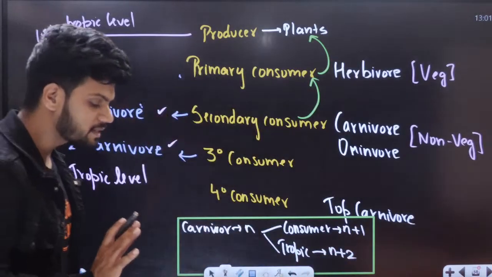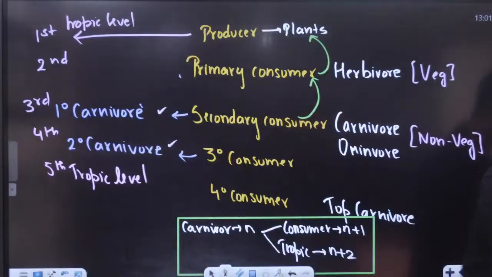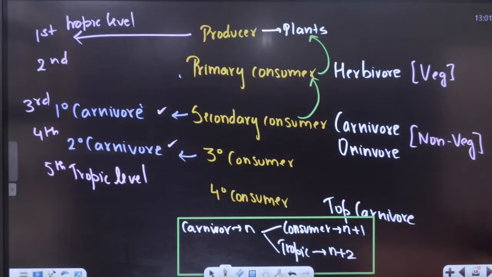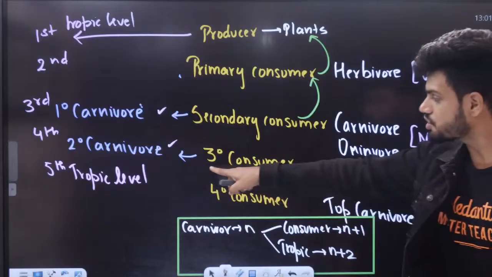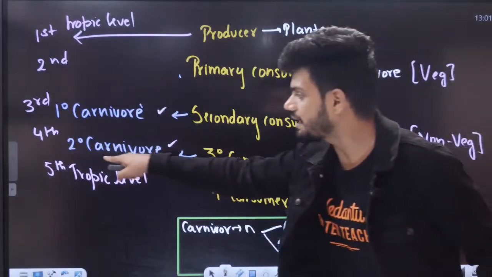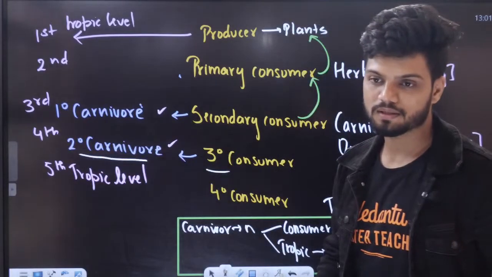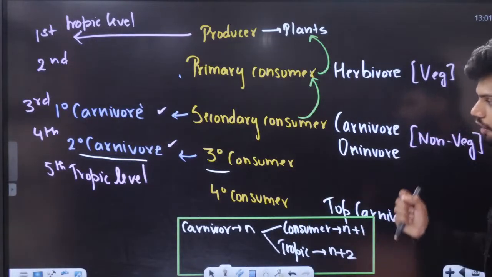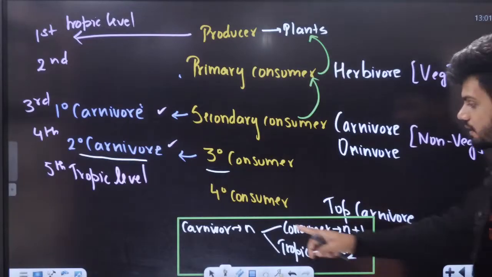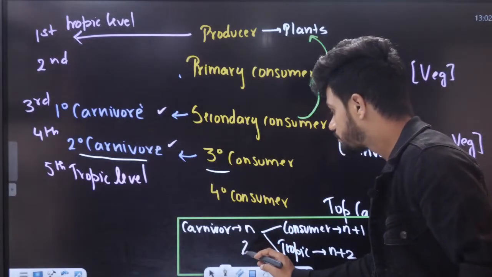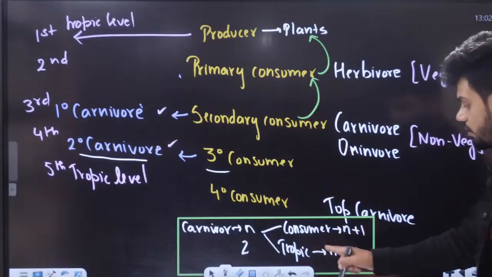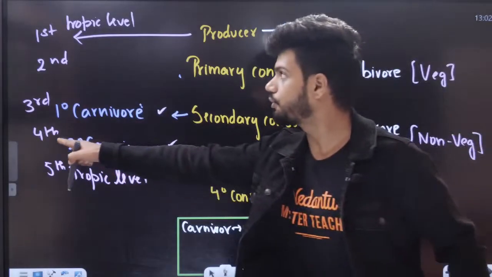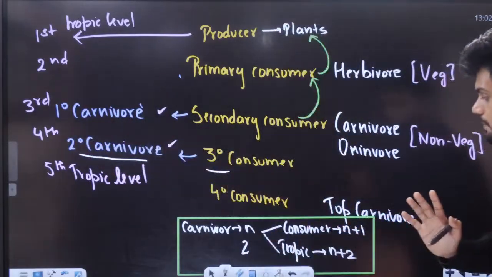Simple. Now, for example, I'll give you. We'll try. Tell me, what is the trophic level of a secondary carnivore? See, n is going to be 2. So 2 plus 2 is the fourth trophic level.